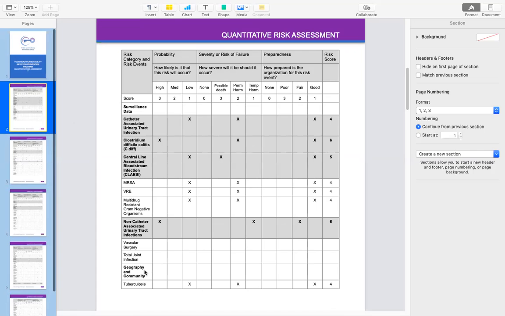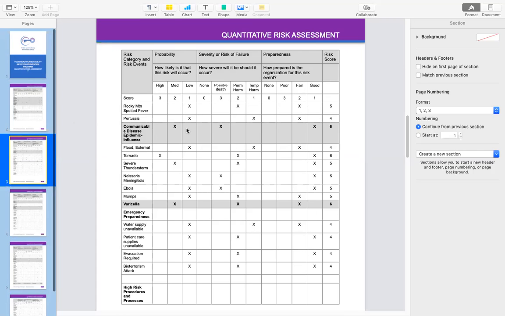I would put it under geography and community. And so I ranked this high, communicable disease epidemic influenza. So what you could do is change this out with communicable disease pandemic and then add COVID-19. And then of course you would score it just like you do your other categories.